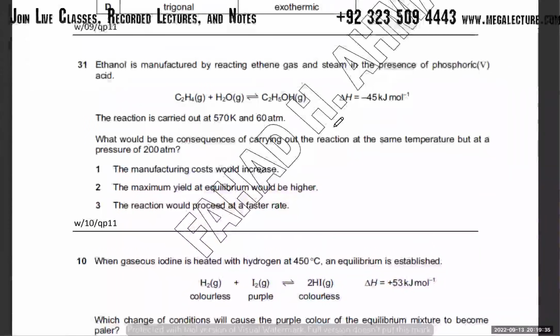What would be the consequences of carrying out the reaction at the same temperature but at a pressure of 200 atmospheres? So what is using 60 atmospheres? Now he's saying that you start using 200 atmospheres. So the cost will increase, you'll have a higher cost. Will the yield be higher? Will there be more ethanol produced?